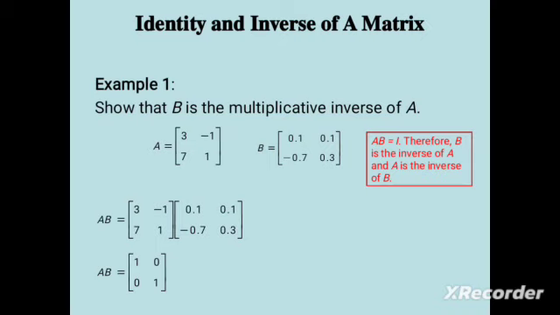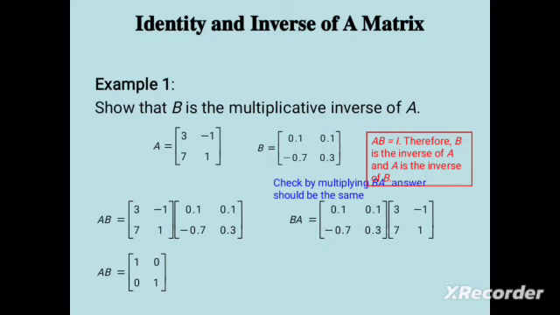If you get an identity, then B was the inverse, because it can only be an inverse when it gives us an identity when we multiply it with its original matrix. So BA, when we do the other way around, that is BA is equal to I, we still get the same thing, the identity 1 0 0 1.